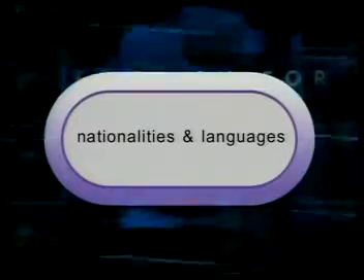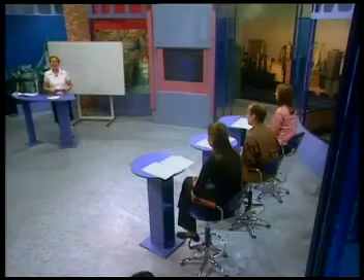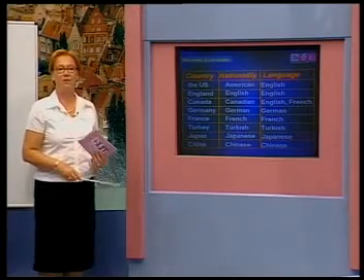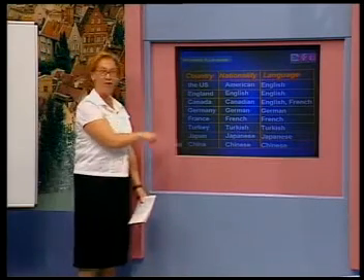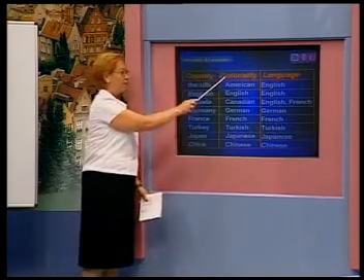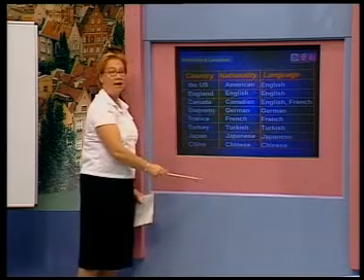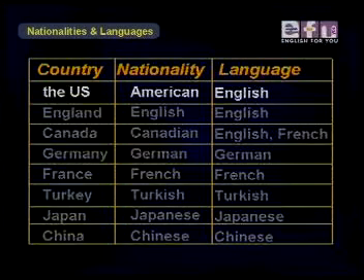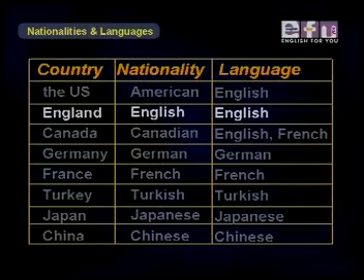Nationalities and Languages. Now, here is more information about, we saw the country, we saw the language, now nationality. So, the US, American, English is the language. England, English, and English.